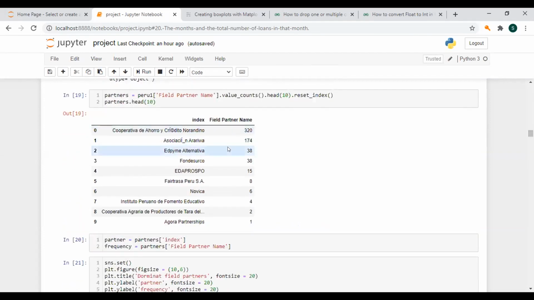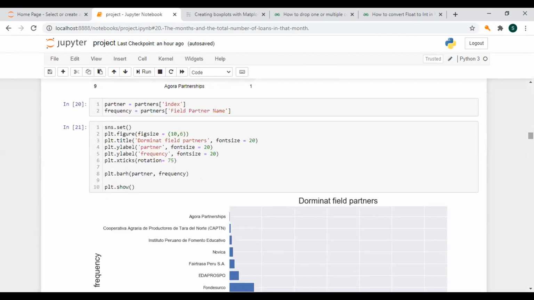So the dominant field partner was Cooperativa Ahorro, which was appearing 320 times. Then associate and the rest. So after that, I did want to visualize that, the partner and the frequency.